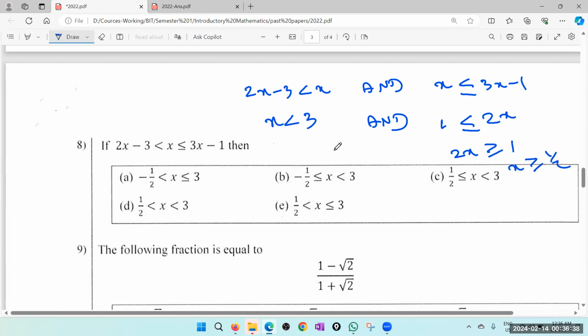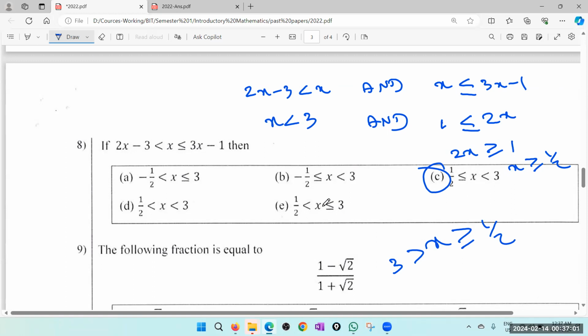So therefore x must be less than 3 and x must be greater than or equal to half. So which one is the answer? x must be less than 3 and x must be greater than or equal to half. So this is an answer. Let's see whether we have others also in a different format.